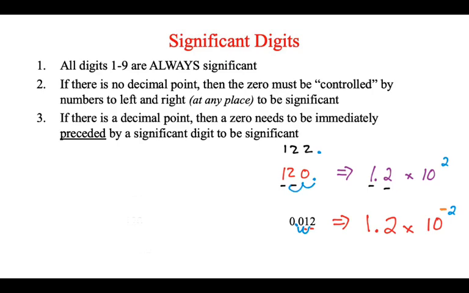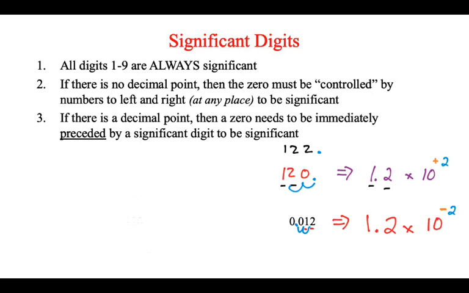Is 120 a big number or a small number? Okay, big-ish, and we'll address that ish here in just a second. Because it is big-ish, that is a positive. Do I need to write a positive? No, you don't really have to. It doesn't hurt to do it, and I don't think anybody's going to take off points if you do write it. So that's why it becomes positive too.